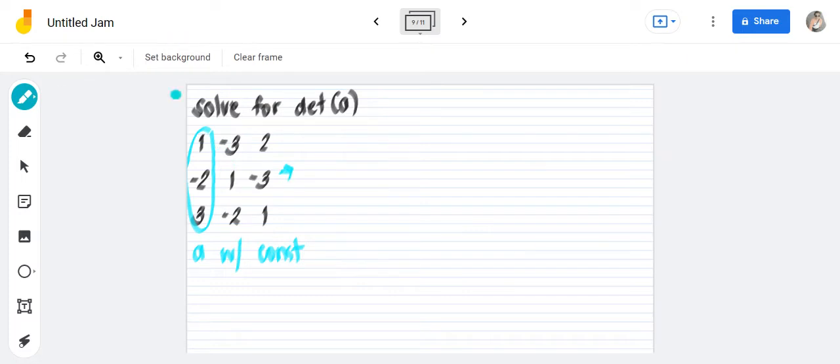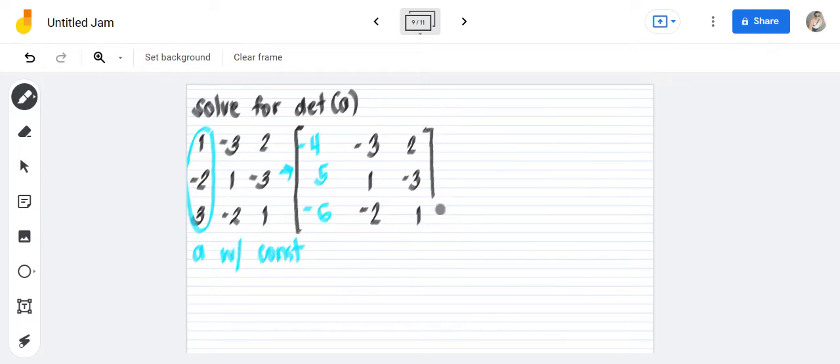So we now have negative 4, 5, negative 6, negative 3, 1, negative 2, 2, negative 3, 1. The new matrix will be negative 4, 1, 1.